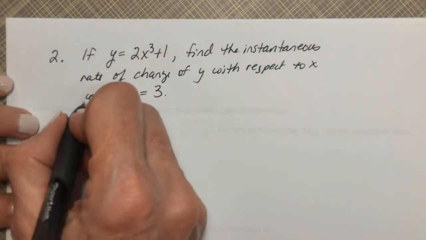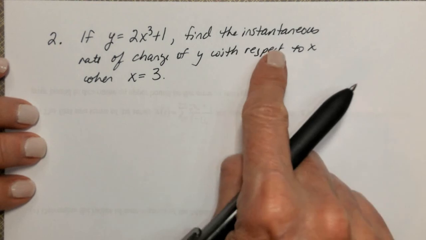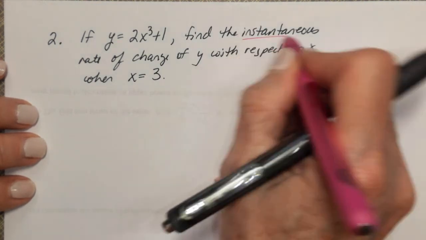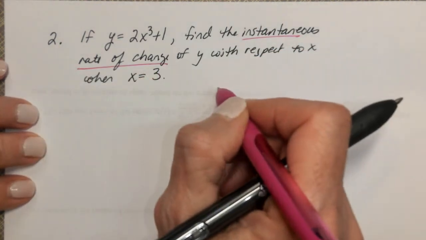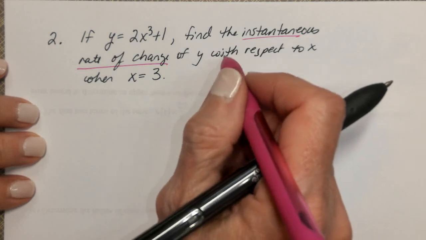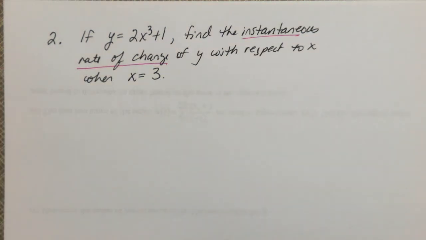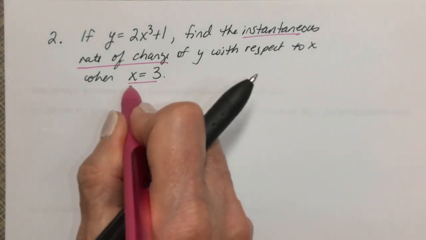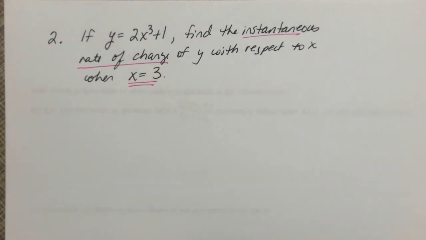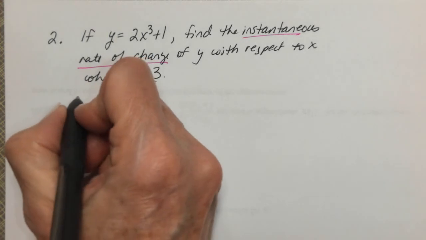Alrighty. So let's do this. Instantaneous rate of change is another way to say derivative. So we just want the derivative of y with respect to x when x is 3. Since they're saying when x is 3, I'm going to use the alternative form of the definition of derivative.